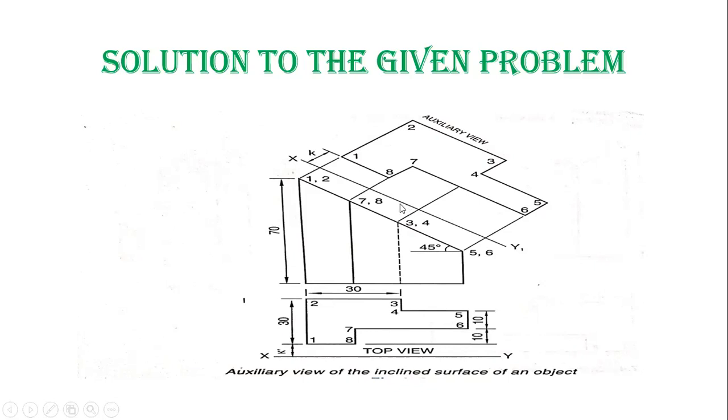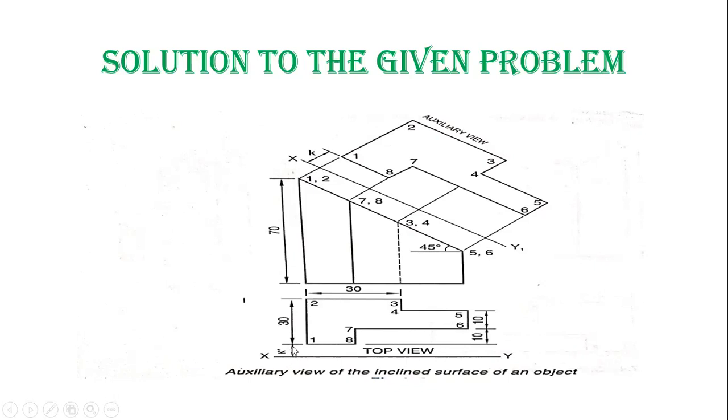In the fourth step, we will measure the distance of each corner or edge from the respective reference plane. Now we are going to measure its distances 1, 2, 3 from the respective reference plane, and cut the same distances from the reference auxiliary plane.